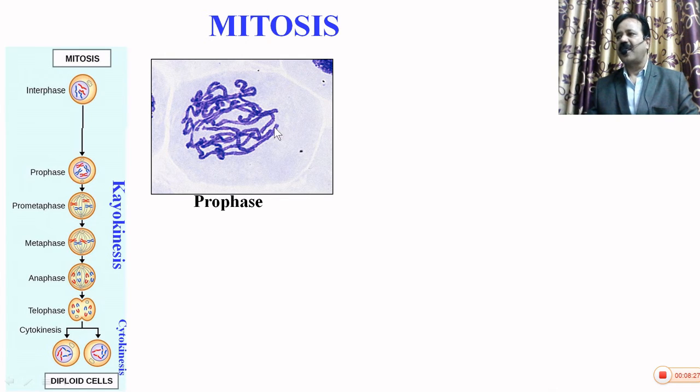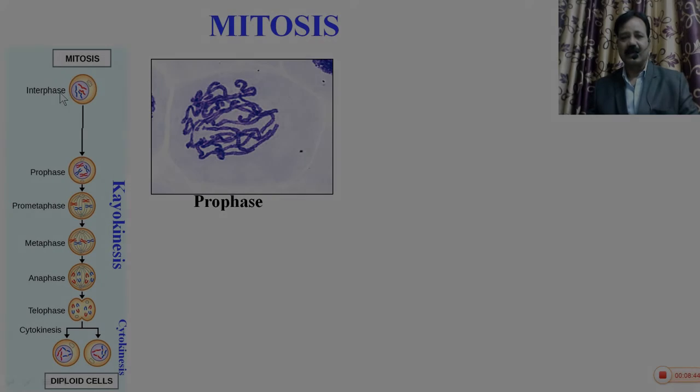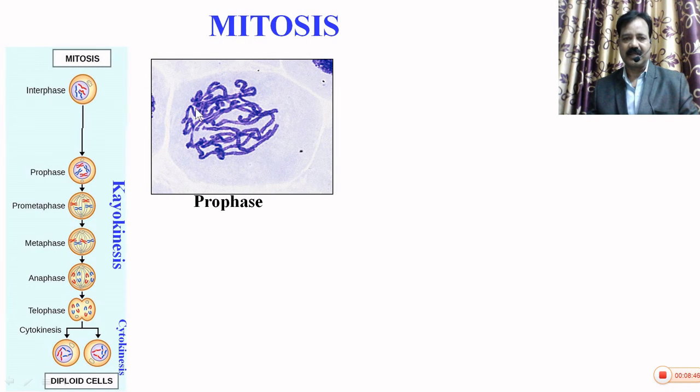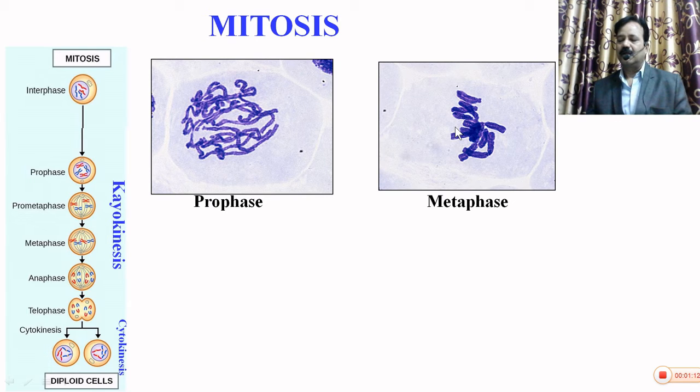The two pairs of centrioles move toward the opposite poles of the cell, and aster formation begins in the animal cell. The chromosomes begin to migrate toward the cell center. The nuclear membrane completely disappears. Aster formation starts. Condensation of the chromosome. These are the characteristics of prophase.